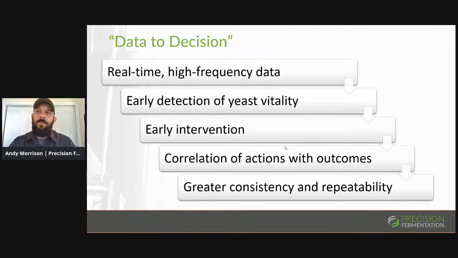How healthy is your yeast? Did you accidentally overpitch or underpitch? Did you accidentally leave the blow-off valve closed, right? Are you having an issue with your glycol jacketing system that's causing you to be in free rise or accidentally cold crash, right? All of those things come with real-time data.